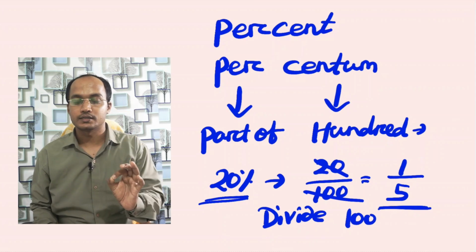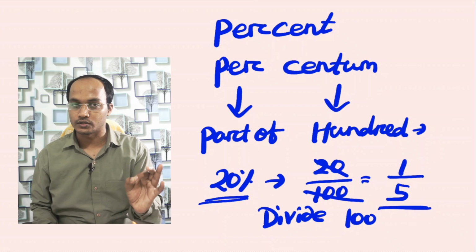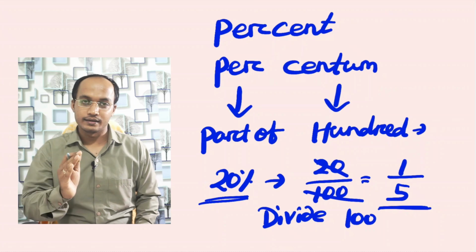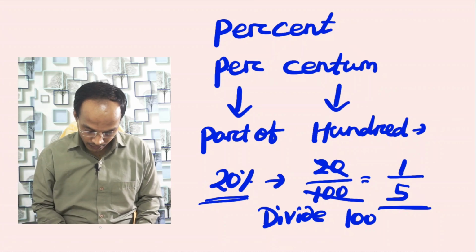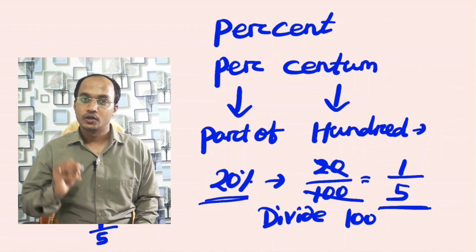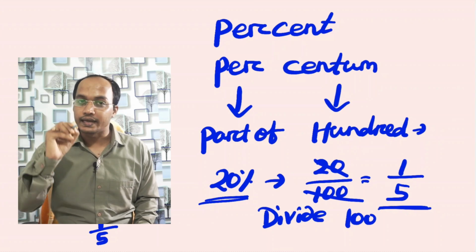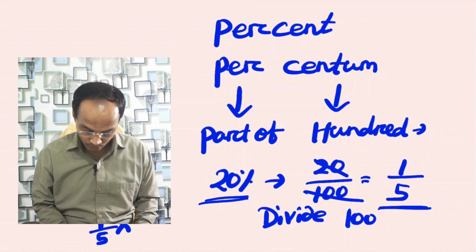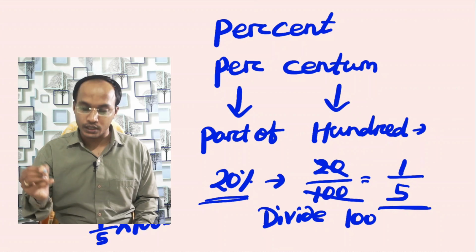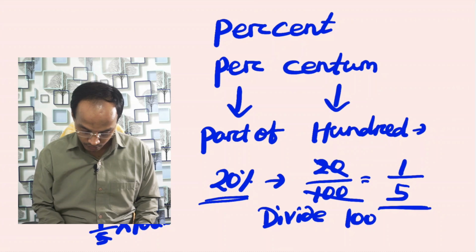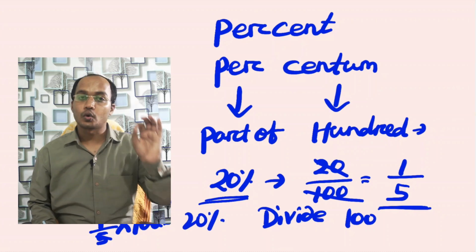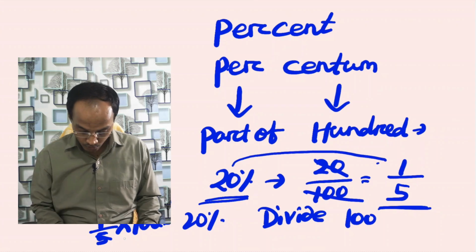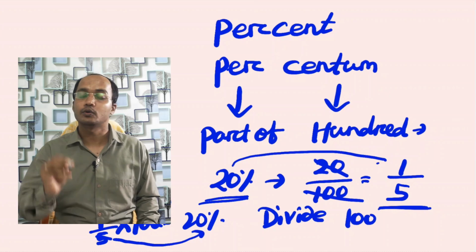Then another one, 1 by 5 is what percentage? When we convert any fraction into percentage, we have to multiply by 100. So if we multiply by 100, it cancels, it is 20%. So when we convert percentage into fraction, we divide by 100. When we convert fraction into percent, we multiply by 100.